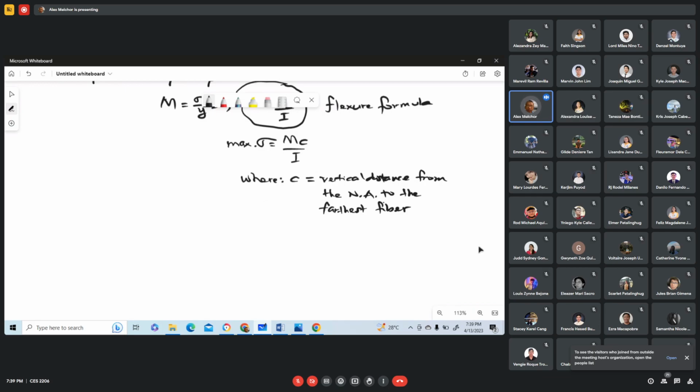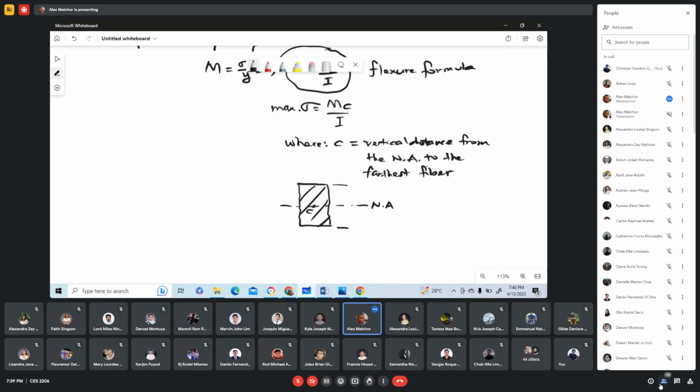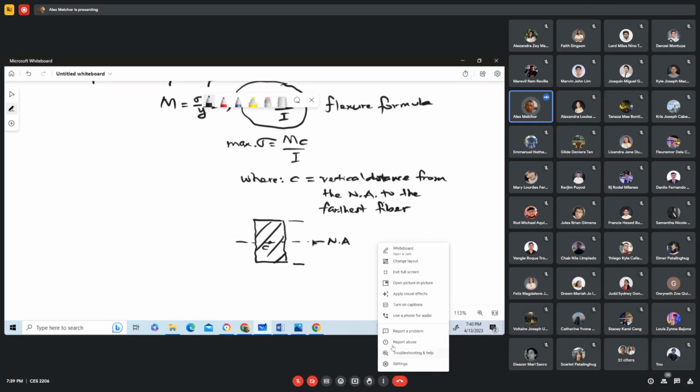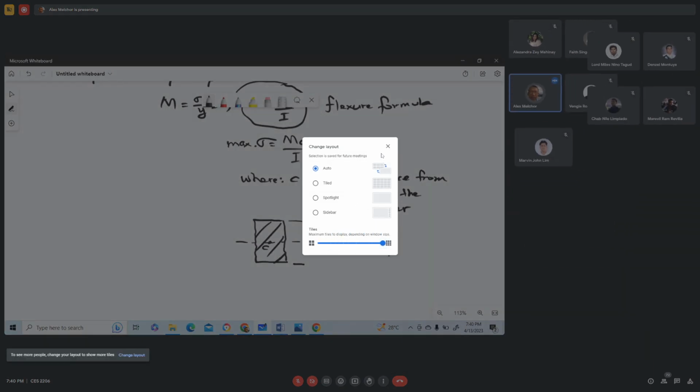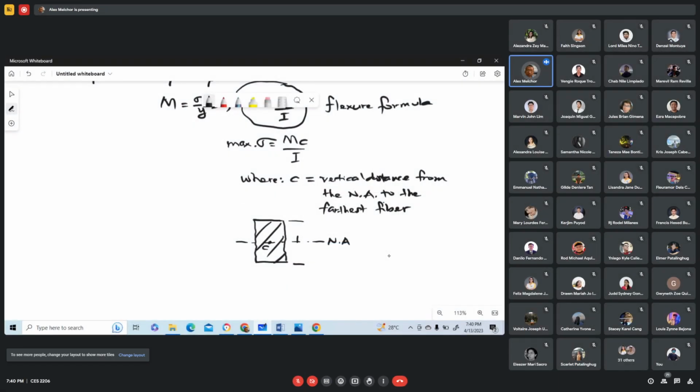So if we have, say, a rectangular section like this, our neutral axis passes through the centroid, and because the neutral axis here is an axis of symmetry, the value of c, or the fiber that is the remotest or the farthest from the neutral axis, is this fiber here.